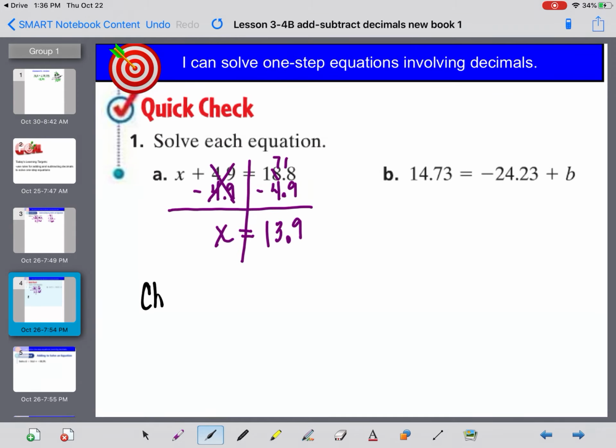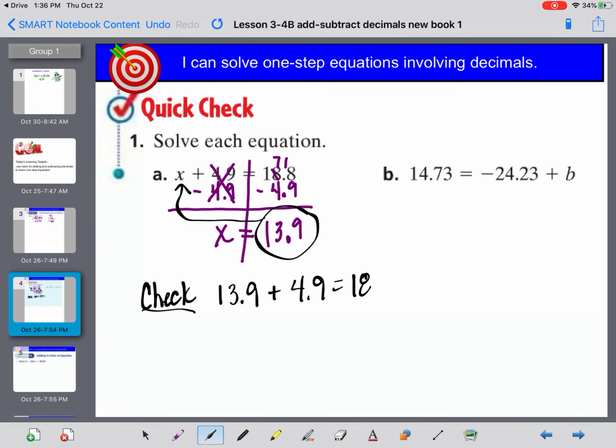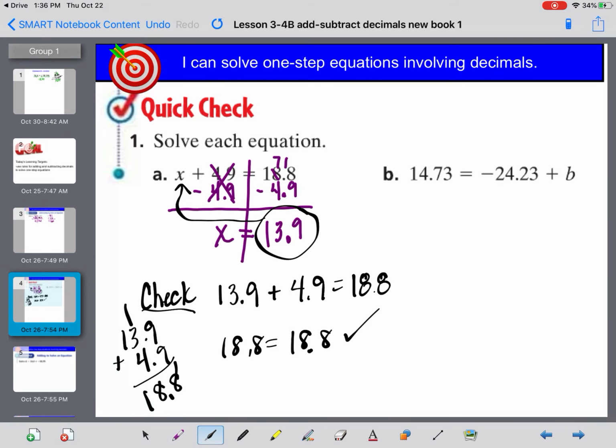Then, just like we learned last chapter, and I forgot to show you in the first example, we should check by putting 13 9/10 into the original value for X to check that I got my answer correct. So 13 9/10 plus 4 9/10, and indeed 18 8/10 equals 18 8/10.